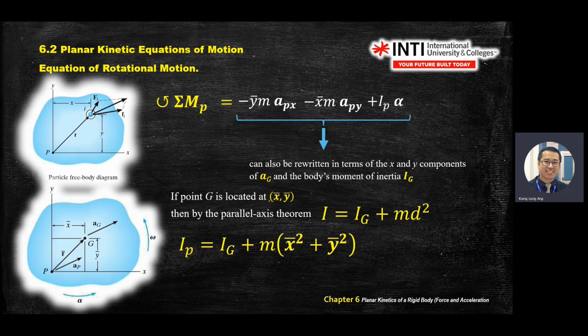So how do you find d? Referring to this diagram, this is the d. You take x squared plus y squared, square root, and you get this d. Again, d is the distance from your reference point, in this case from P.